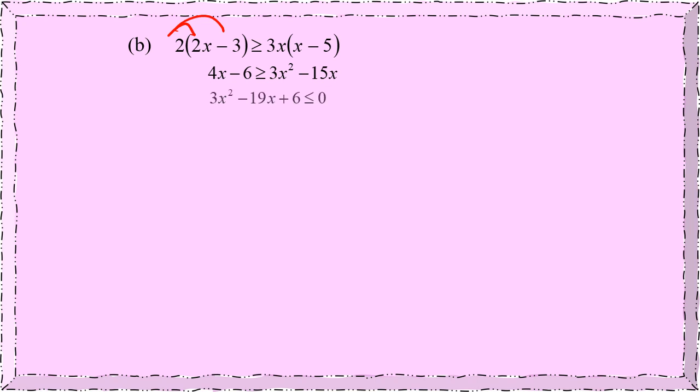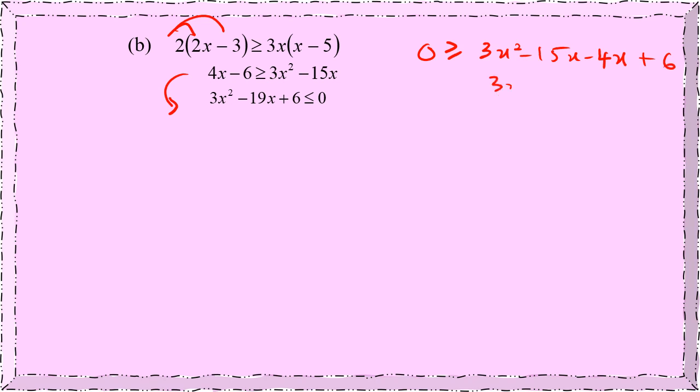So simplify, so we get 3x squared minus 19x plus 6 less than or equal to 0. So how do we go from the second line to the third line? We bring this to the right side. For the right side, we subtract 4x and add 6.